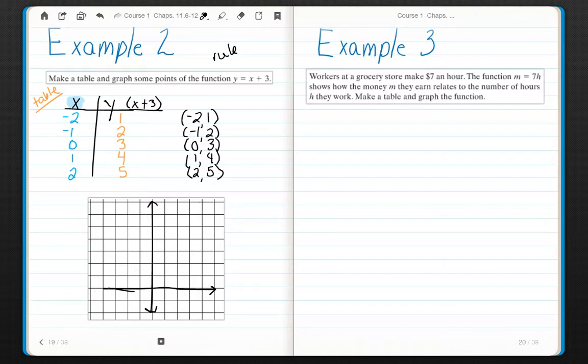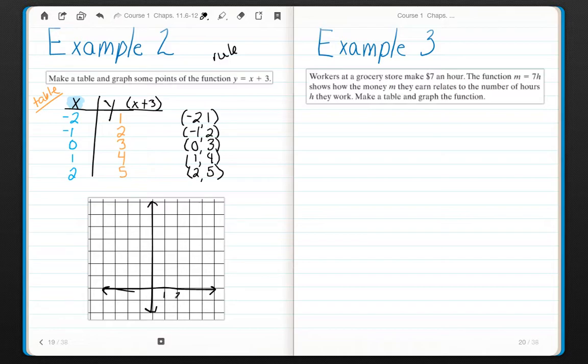I'm going to make sure that I have enough room on my y-axis to graph all of these. Notice all of my axes have arrows on them. Then I must number them, and I number the lines, not the spaces.